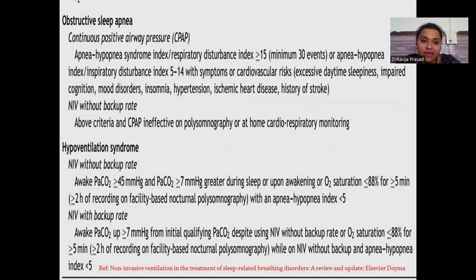So NIV without backup rate. About the criteria, CPAP is ineffective on polysomnography or at-home cardiorespiratory monitoring.